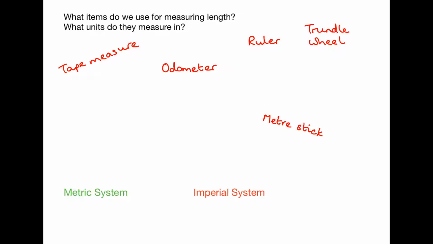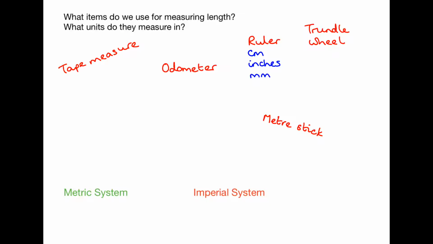Let's start with a ruler because that was the first thing that we wrote down. The ruler that I've got measures centimetres on one side and inches on the other. Sometimes you get a ruler that's got centimetres on one side and millimetres on the other. So a tape measure, let's think about that.